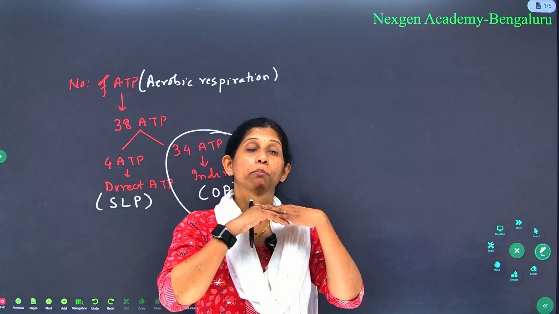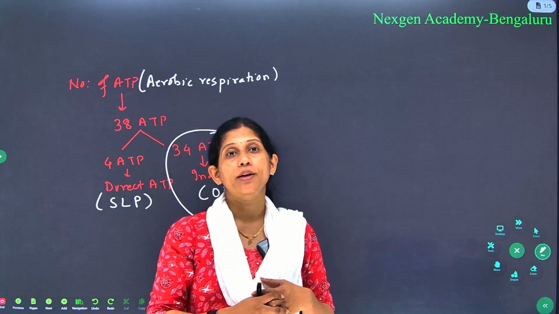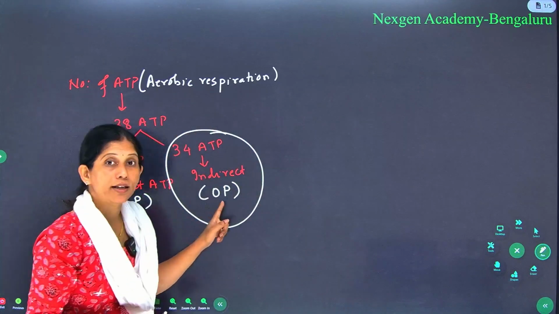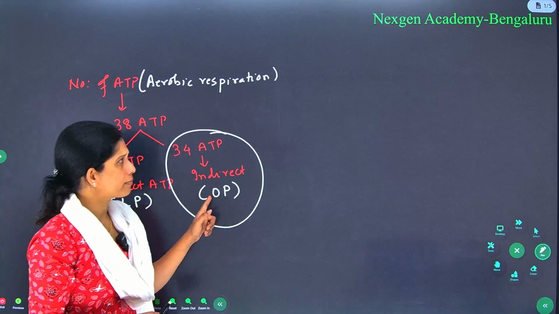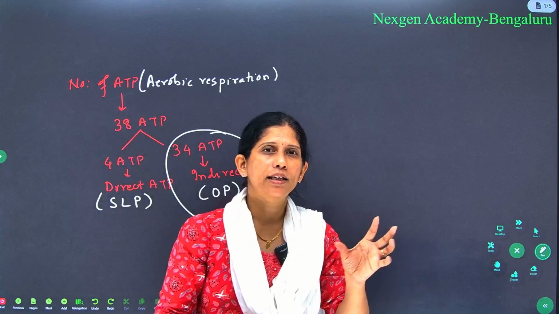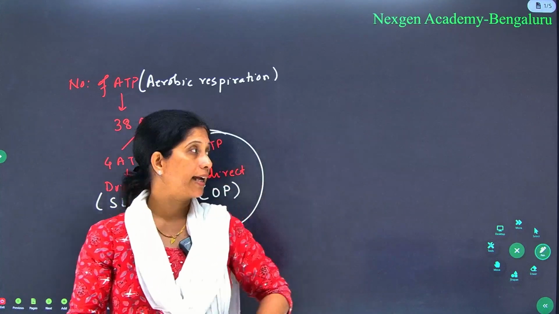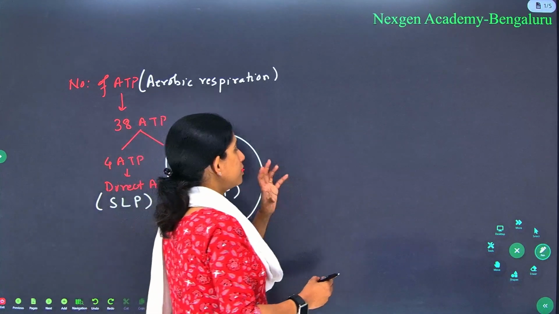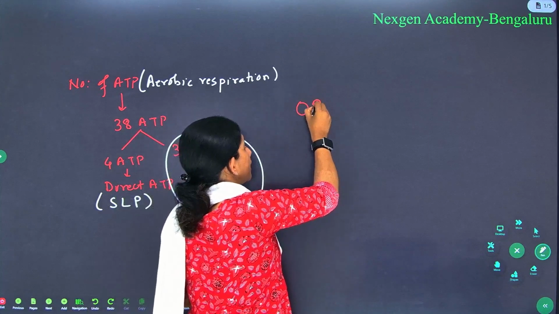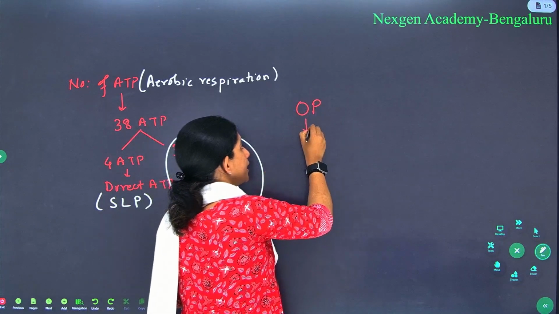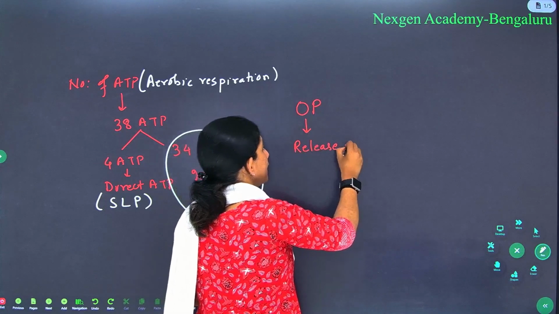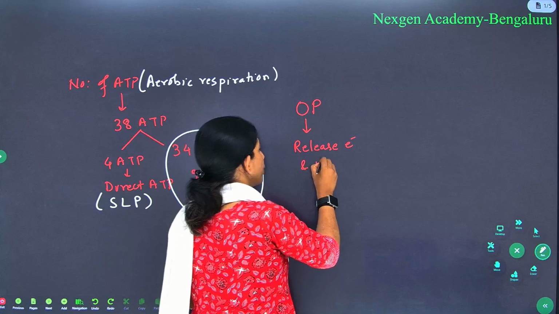That means most of the ATP generated during aerobic respiration comes from the process that we describe as oxidative phosphorylation. So we'll have a general sketch of all these concepts that I just said. When I say oxidative phosphorylation, it will release electrons and protons.